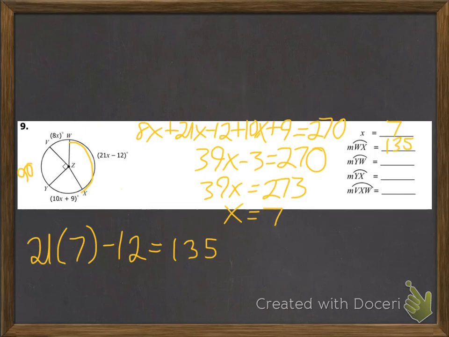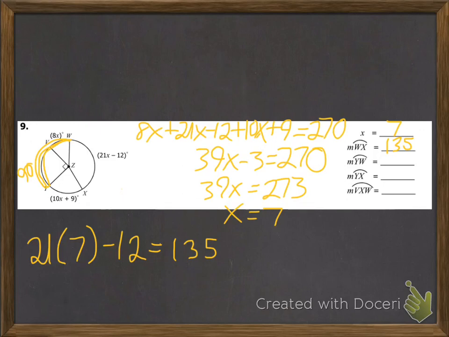Now to find YW, that's actually going to be this, where is it? There it is. So YW is going to be that arc going right there. Now it should say YVW to make it more clear, but it is going to be this arc right here.